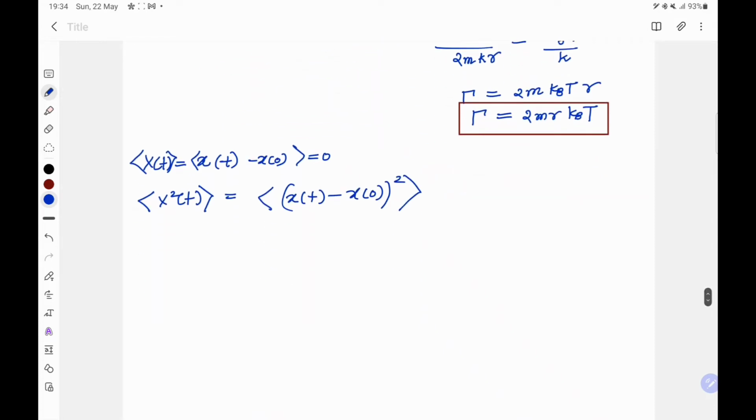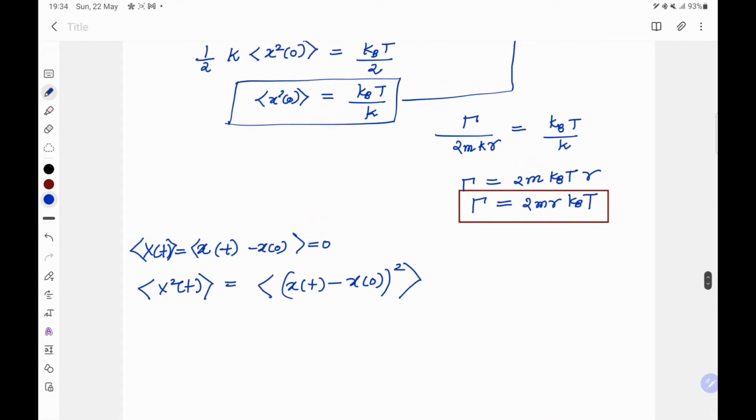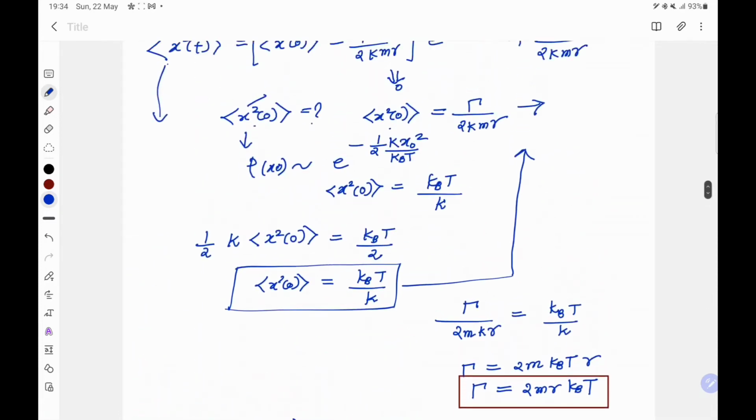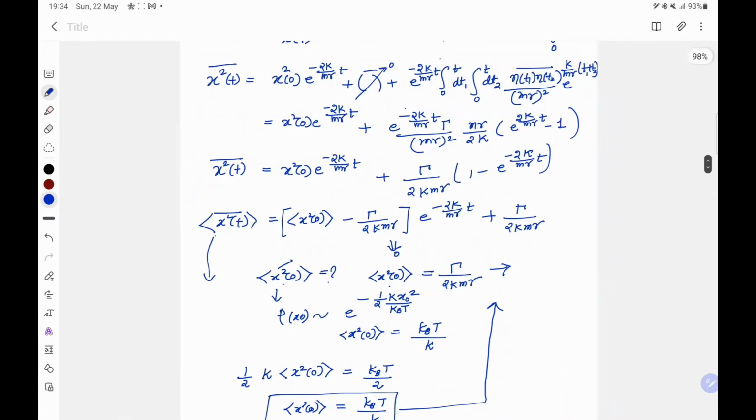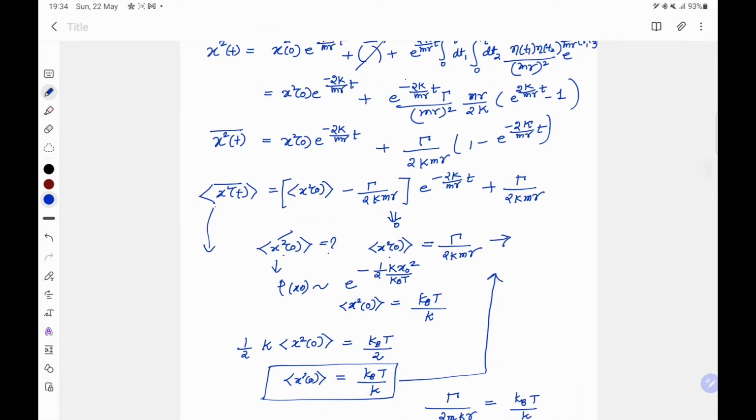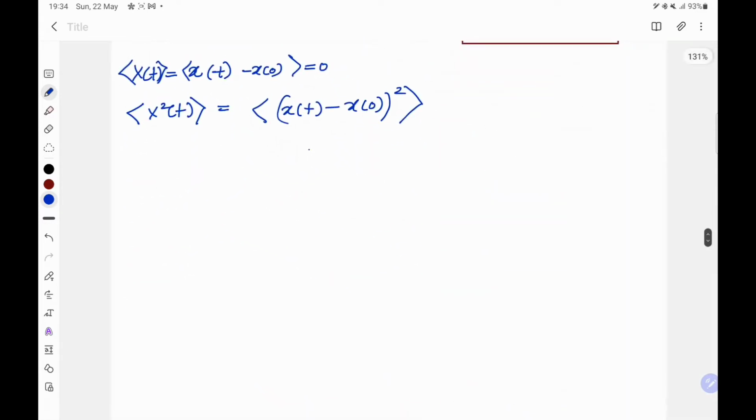So just simple calculations. What is your x(t) square? Okay, just expand this term again. So this is x(t) square plus x0 square minus 2 x(t) x0.